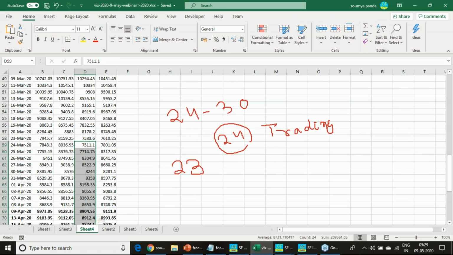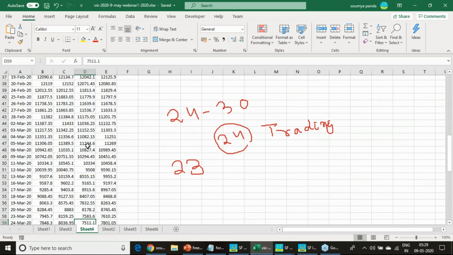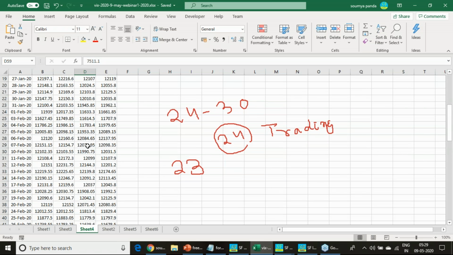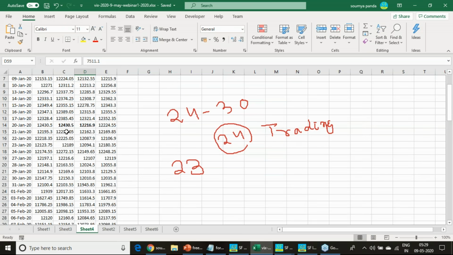This low happened from a January high, which happened at 12,400 and odd, on 20th January.